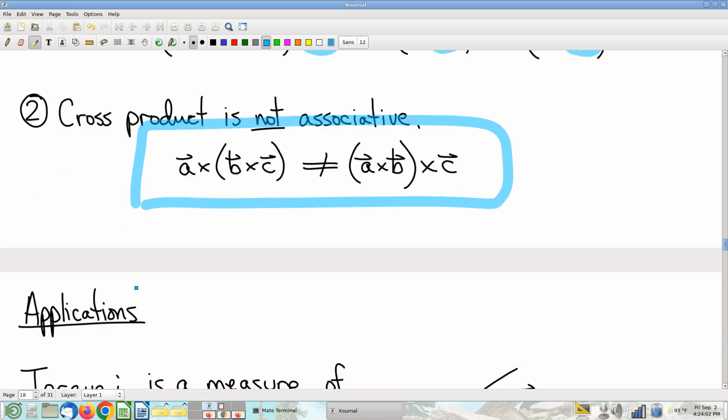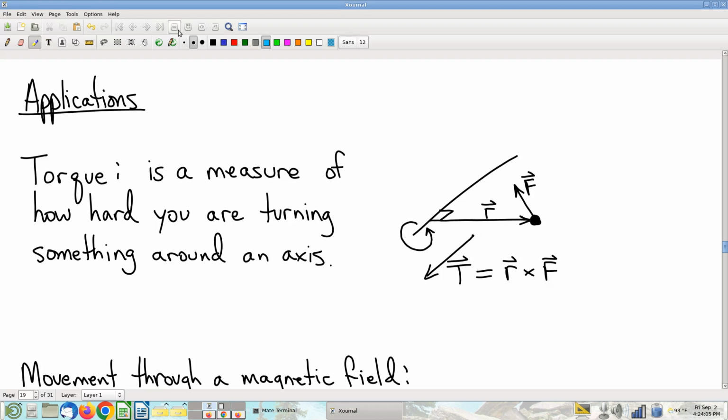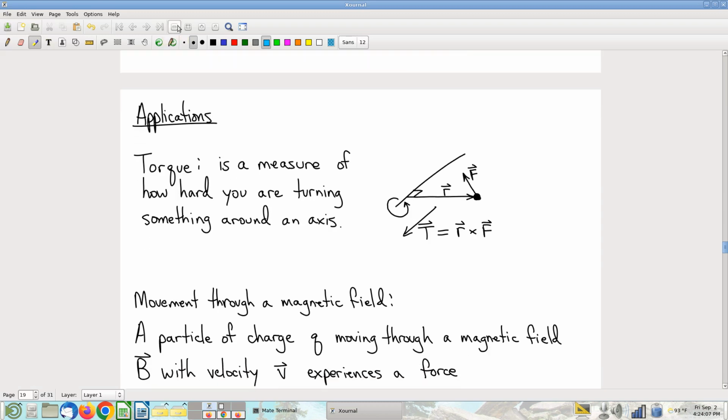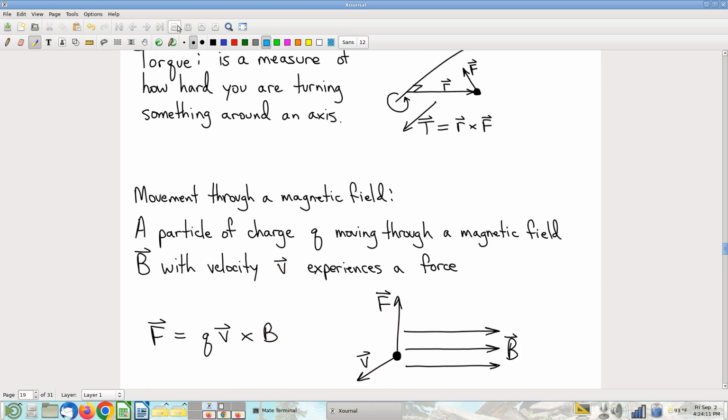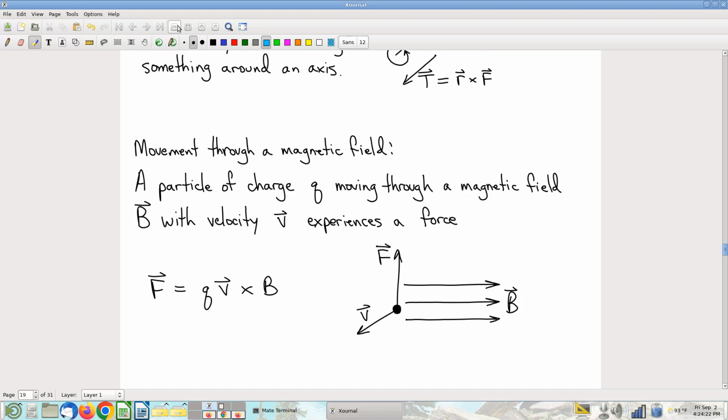You can take a look at these applications if you like. These are not critical to math, but if you're curious, where do cross products show up in the physical world? Well, if you want to understand torque, the natural formula for writing down torque is as a cross product. And magnetic fields are weird, by the way.